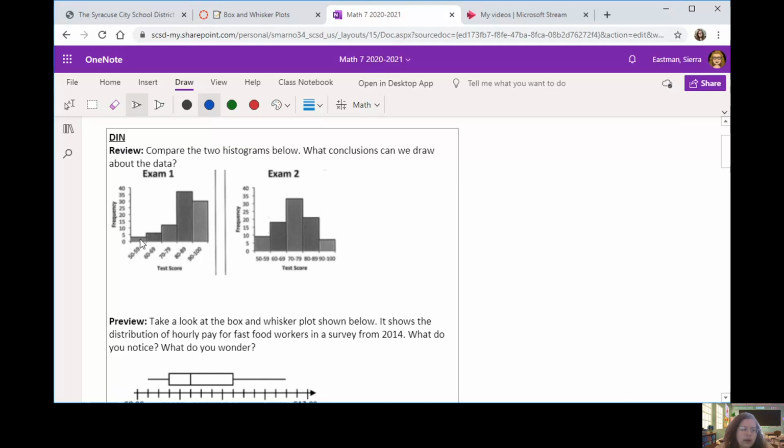It looks like we have about, let's say, maybe there's 3 there, 5, 10, about 35, and then about 30. So let me go ahead and add those up. 3, 5, 10, 35, and 30. About 83.